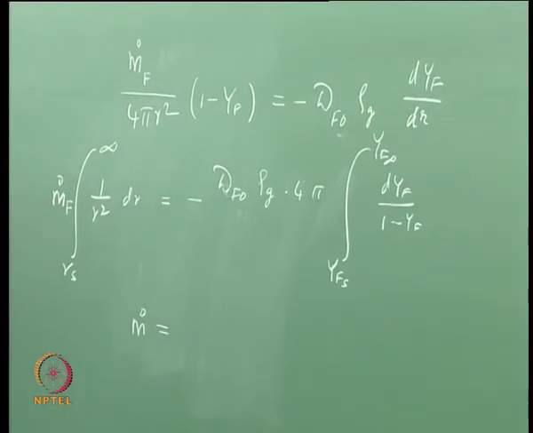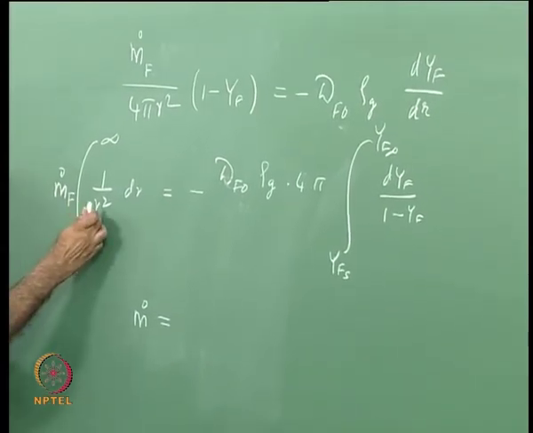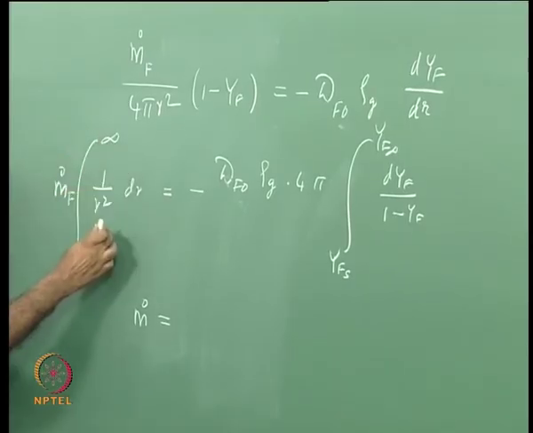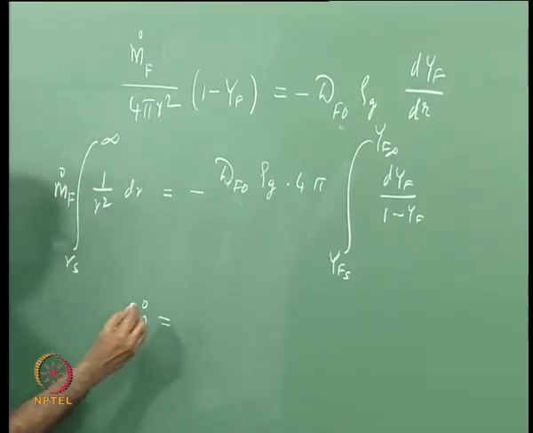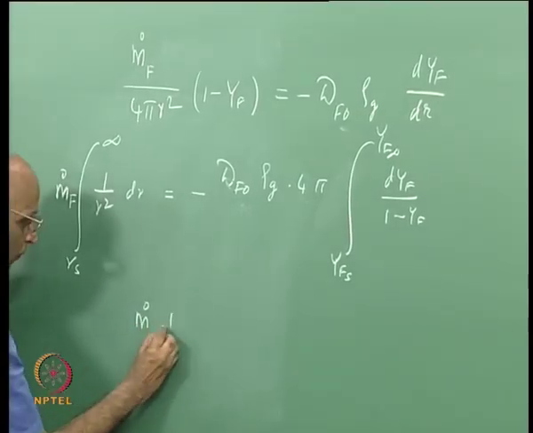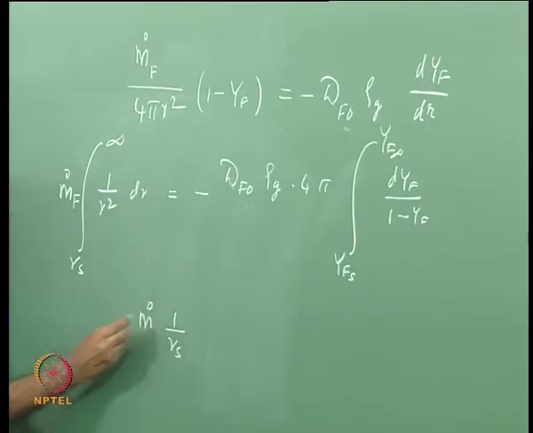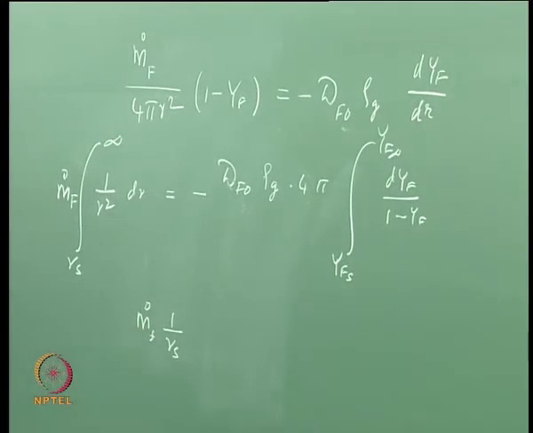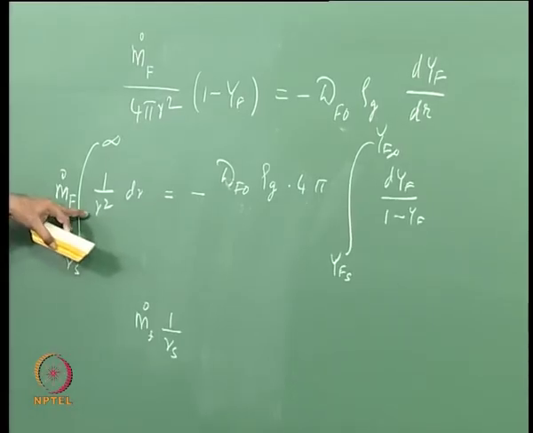Now I simplify it and get the value of the mass which is going. It is equal to minus 1 over r, minus 1 over r at infinity is 0, minus is plus, therefore I get Rs. I have dropped the subscript f, maybe we could retain it. Is this integration okay?